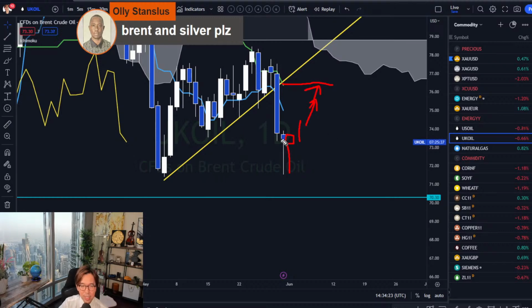But if today's candlestick closes with a more solid bearish candlestick, then tomorrow may break the most recent low and then go down to the swing low.